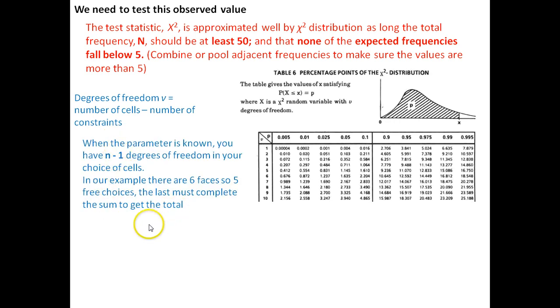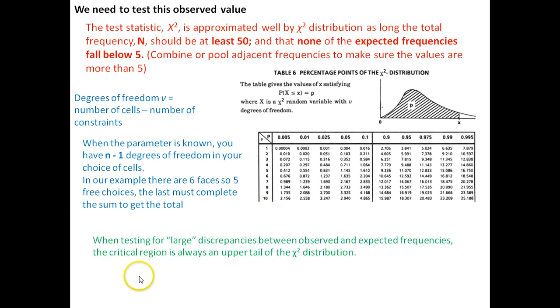When the parameter is known, you have n minus 1 degrees of freedom in your choice of cells. In our example, there are 6 faces, so 5 free choices, as the last one, once you've distributed 5 of them, must complete the sum to get the total. So there are n minus 1 choices of cells.